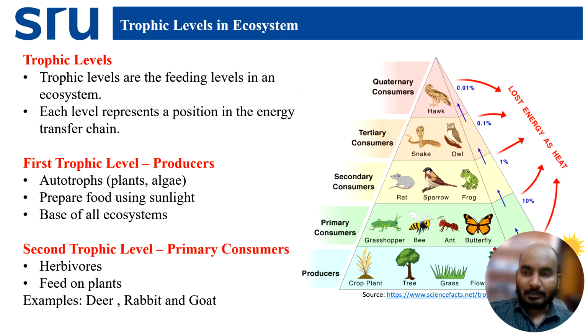The first source is producers. Producers are the first trophic level, also called autotrophs, meaning they can produce their own food using sunlight with the help of the photosynthesis process.